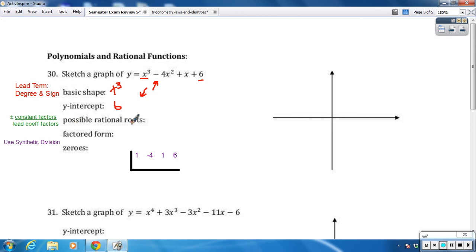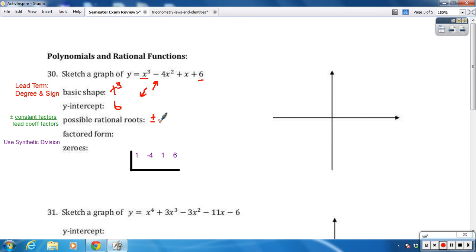In order to identify what potential values could be roots or zeros for our problem, we're going to create a ratio of the factors of our constant term, which is 6, with the factors of the lead coefficient, which in this case is 1. Notice it could be either the positive or negative form.